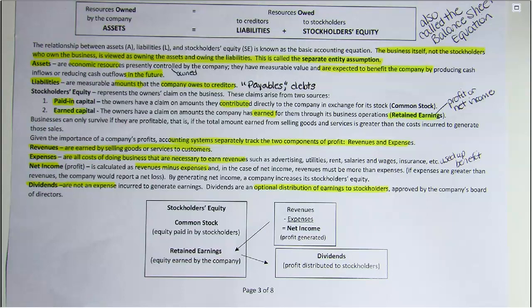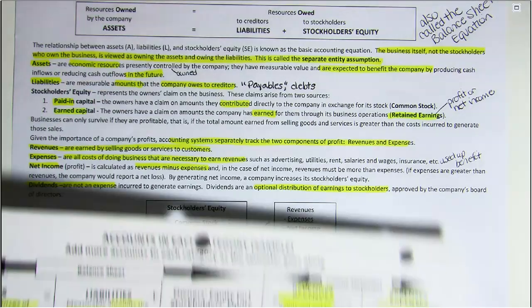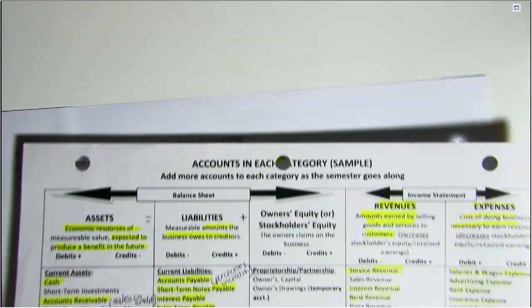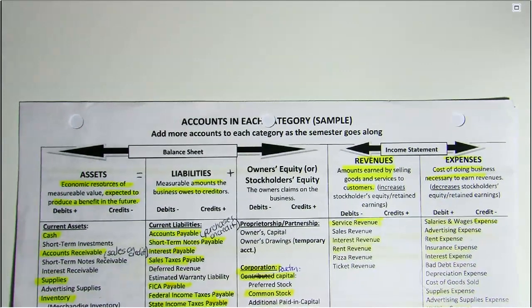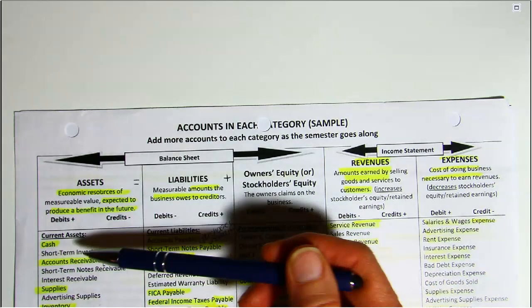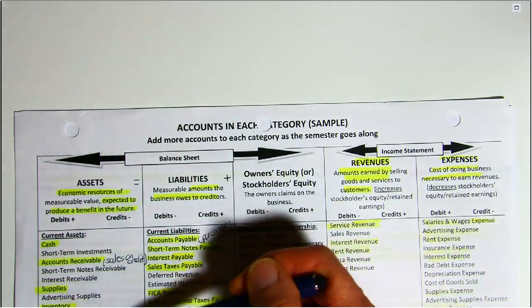Also, you should print out the document that we looked at earlier called Accounts in Each Category. I 3-hole punched this, so it's got some holes there. But what I usually suggest is that students make flashcards. See, assets is a category, and these are all types of assets.